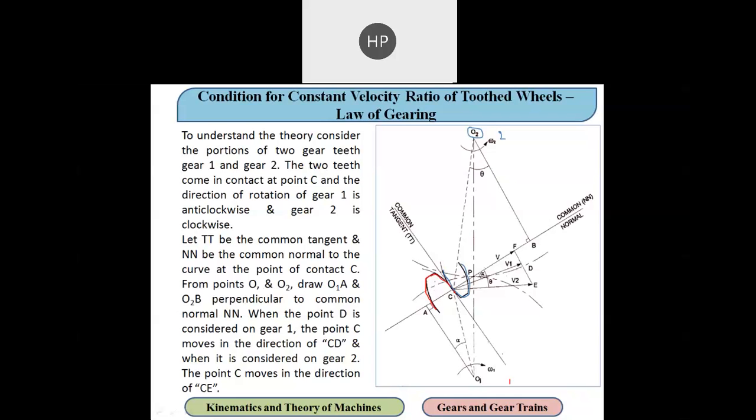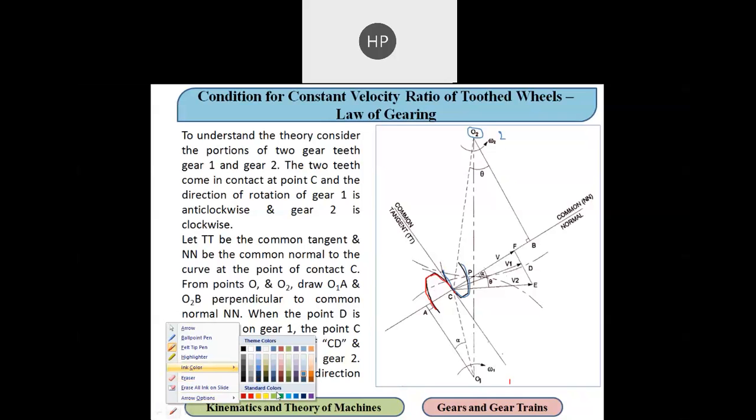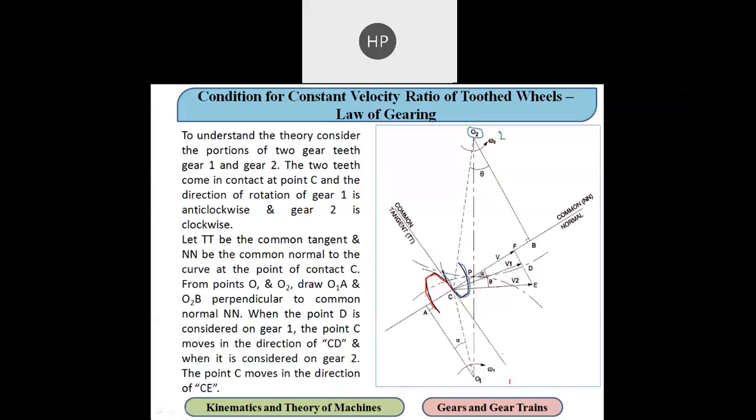Now we have a point C here, which is the contact point between the tooth of gear 1 and the tooth of gear 2. So this is point C, the point of contact between the gear tooth of gear number 1 and the tooth of gear number 2.